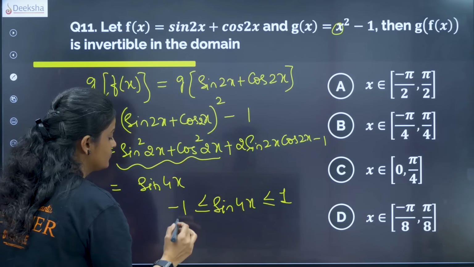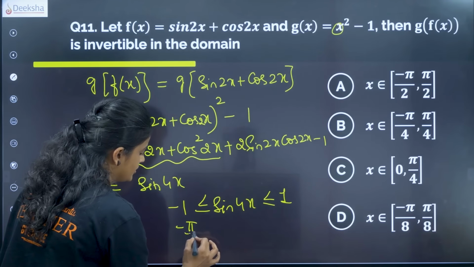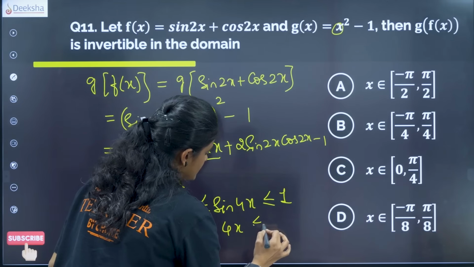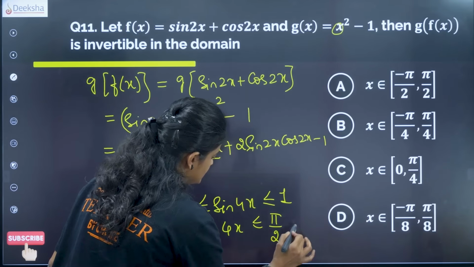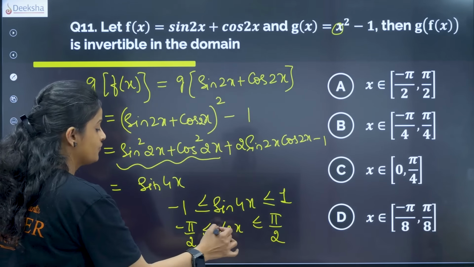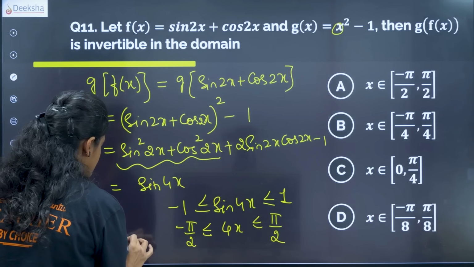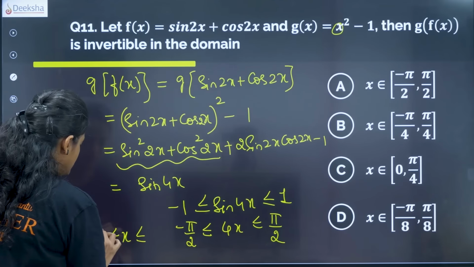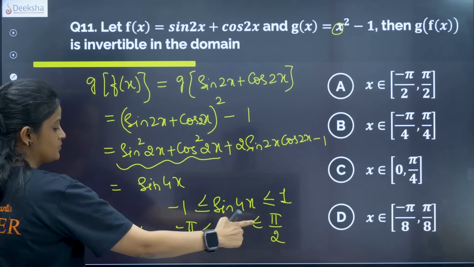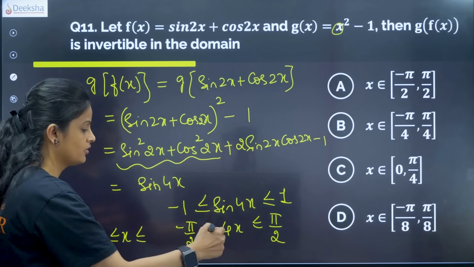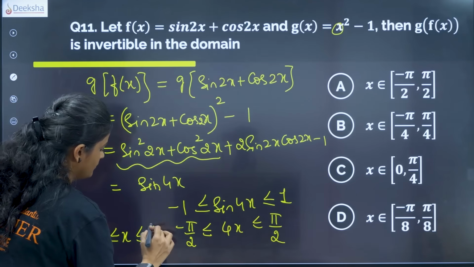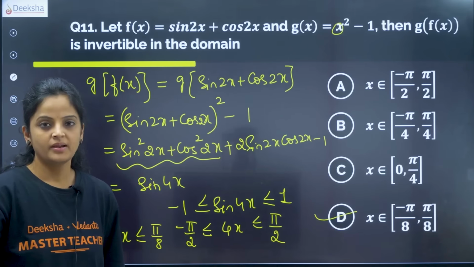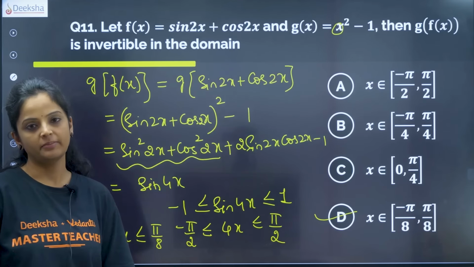Sin inverse of minus 1: minus pi by 2 less than or equal to 4x less than or equal to pi by 2. That's it. Solving for x will give you x lies between minus pi by 8, divide it by 4 and cancel it, and we have pi by 8. Option D, this time minus pi by 8 to pi by 8.